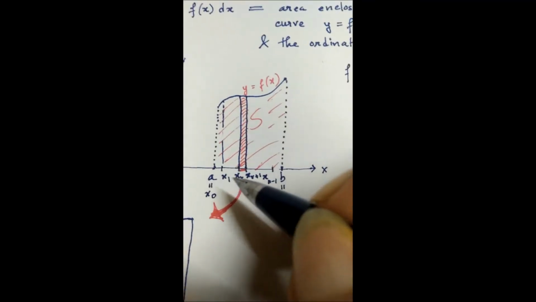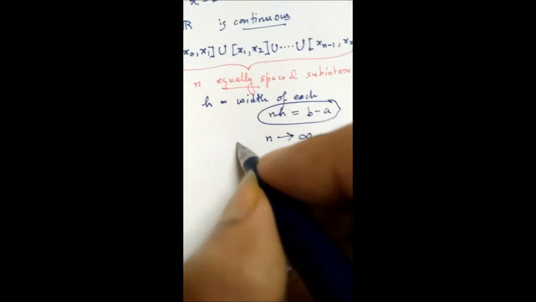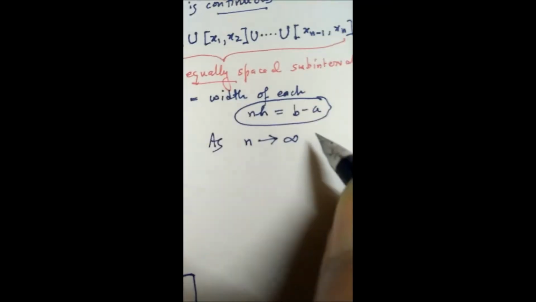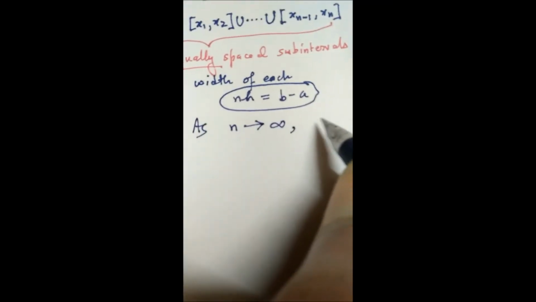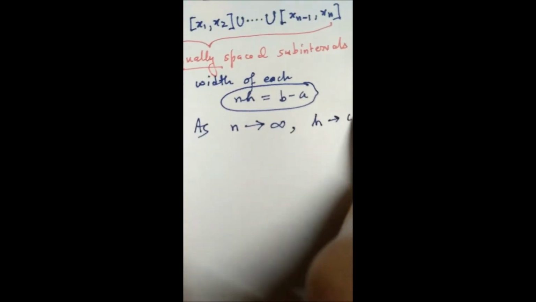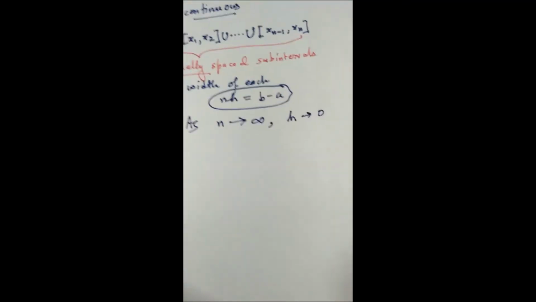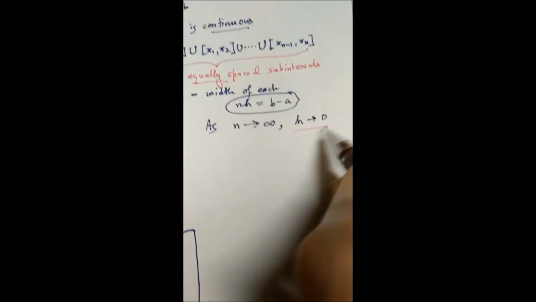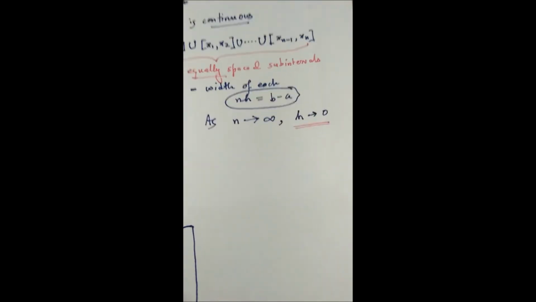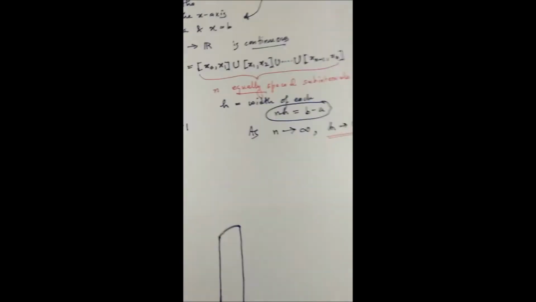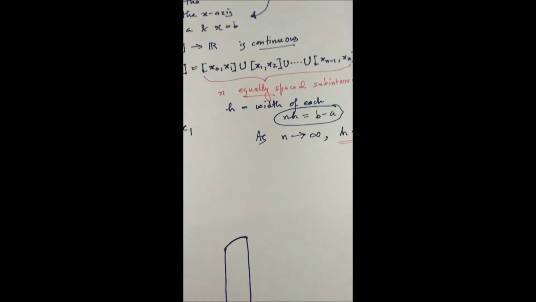So if you make n bigger, h becomes smaller. So as you make n big, h, that is the width, tends to 0. This is another important idea which we will definitely be using. Now, let's come back here, right?